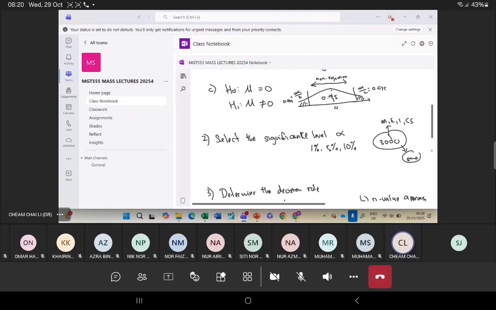Remember, we have this example: because the population is too large, we have constraints in terms of time, budget, and other factors as well. So we cannot collect all the population's data. So we need to get a sample.